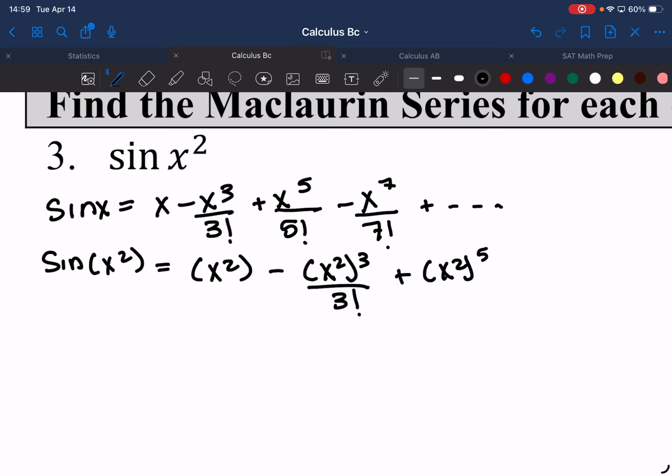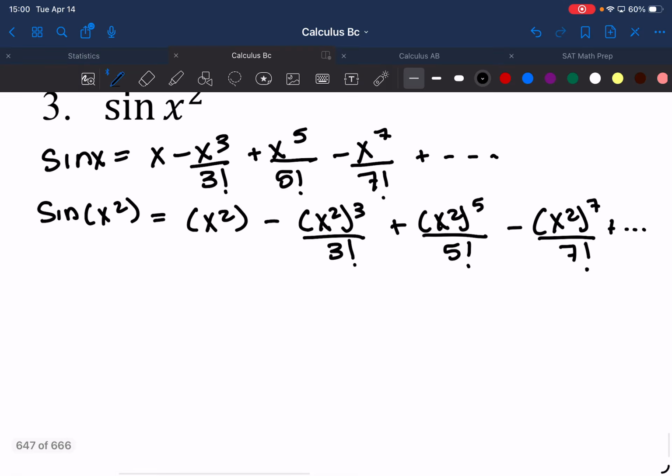Same thing we did with the series expansion, I replaced x with x squared. So I'm going to do the same thing here, which means this can turn into the summation of n equals 0 to infinity, negative 1 to the n power times x squared to the power of 2n plus 1 over 2n plus 1 factorial. I just swapped the x for x squared.